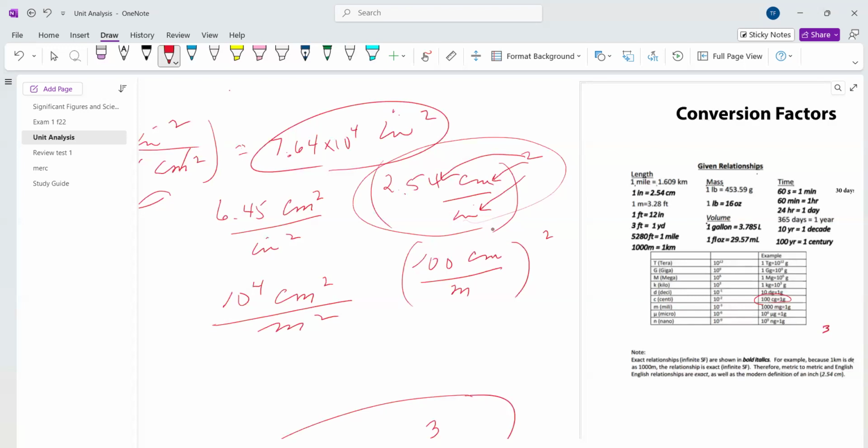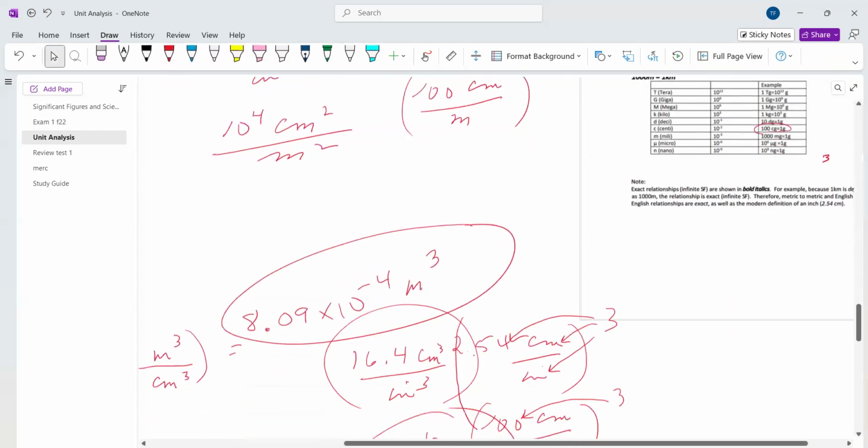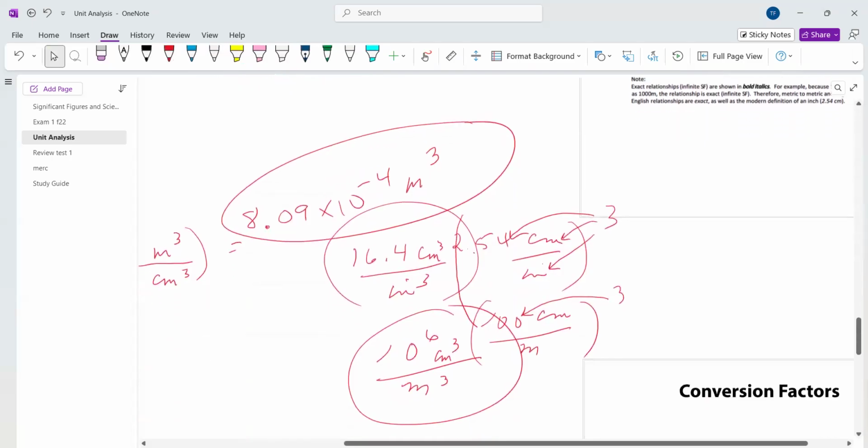And 2.54 squared is 6.45. Now the process we just did, we're going to do the same thing with cubed. Instead of square, we're going to cube it. So 2.54 cubed is 16.4. Everything has to be cubed or squared, except for what you're given.